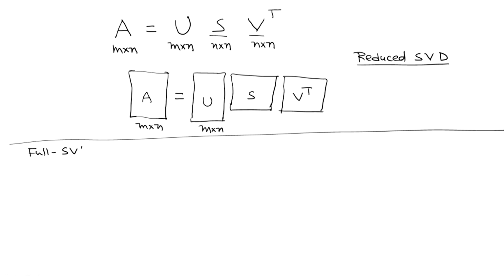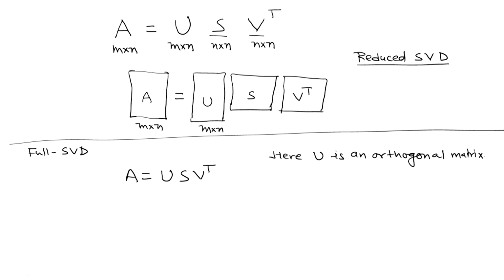The other type of singular value decomposition is called full SVD, or full singular value decomposition. There again we write A as the product of U, S and V transpose. Here U is an orthogonal matrix of size m by m, if A is m by n.